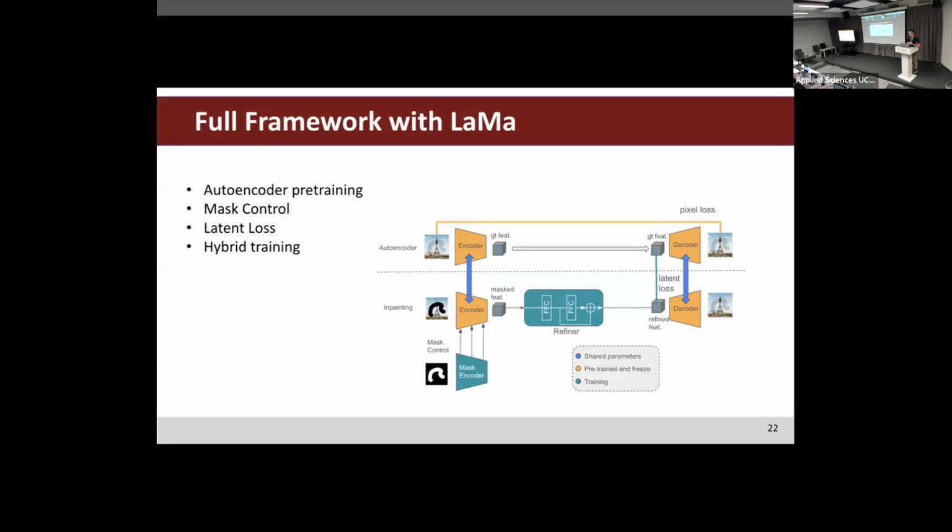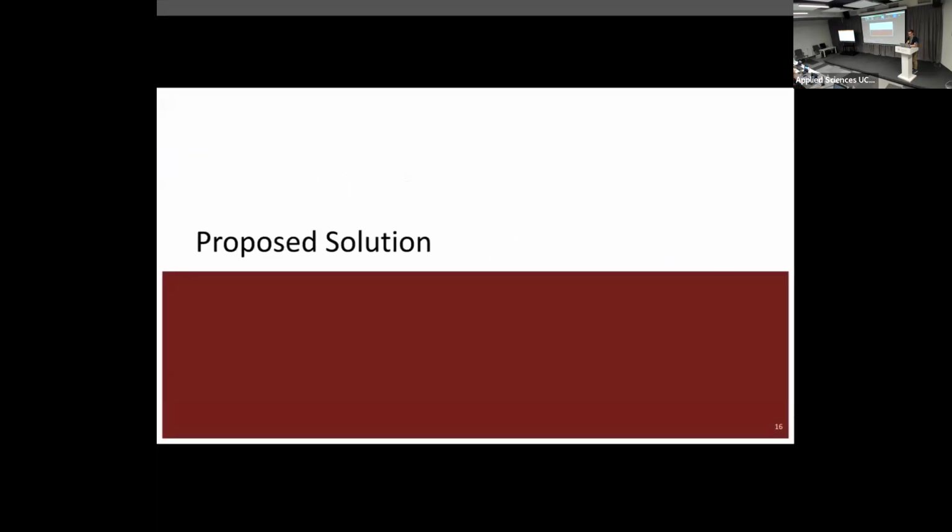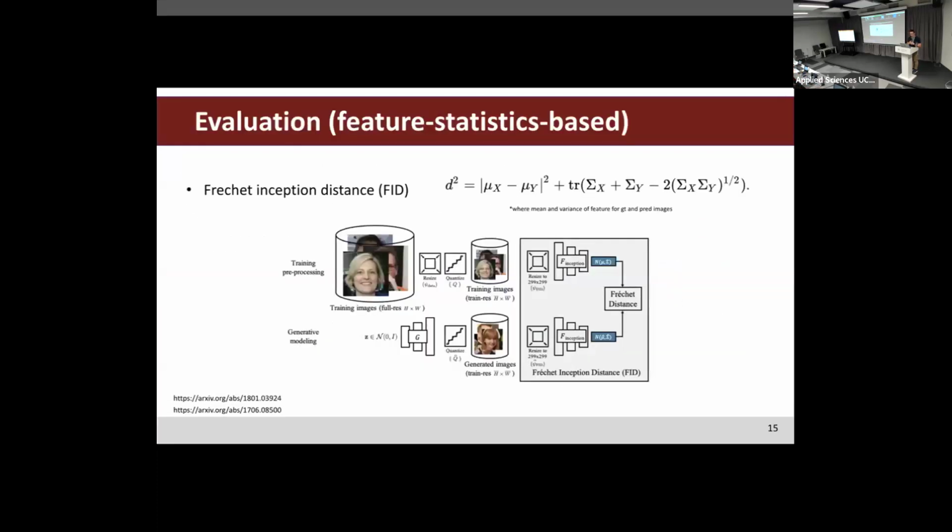Hello, thank you for your presentation. I have a couple of questions. First, can you switch to slide number 15? Yeah, you have here this Frechet inception distance. What is sigma x, sigma y in your formula? It's mean and variance of features.